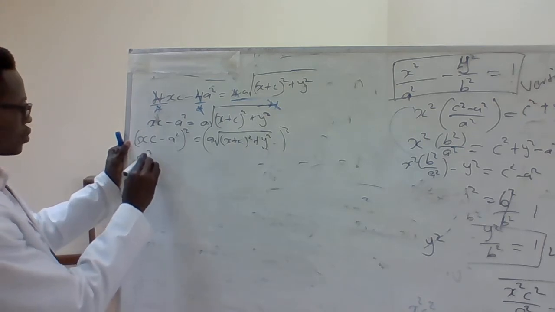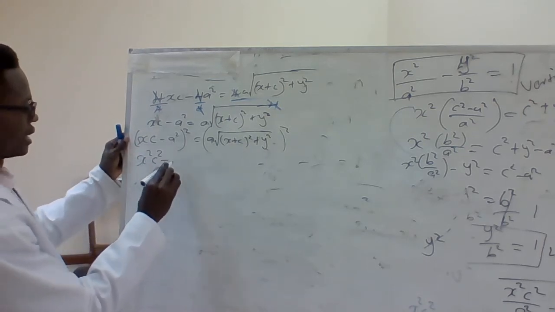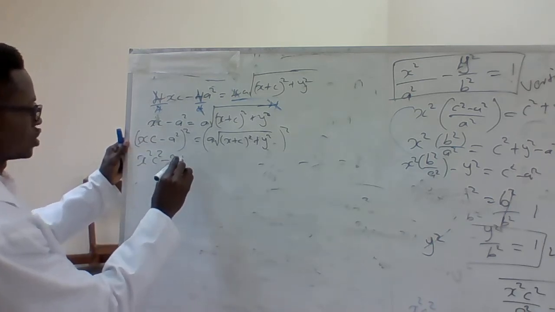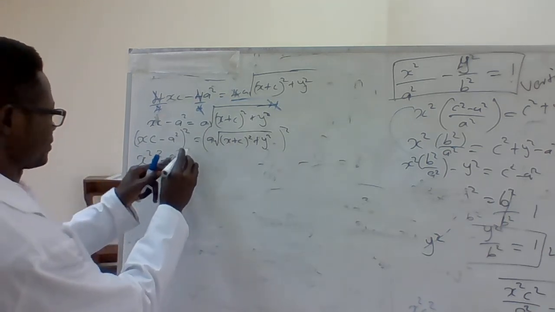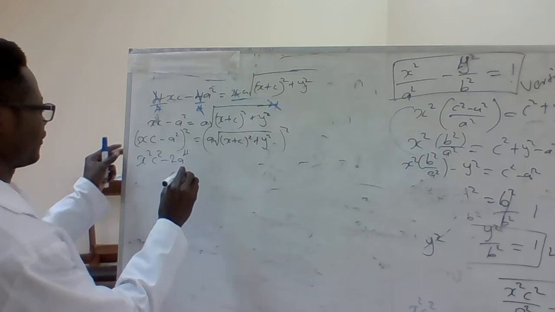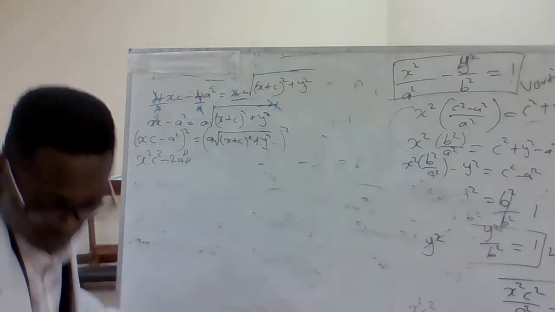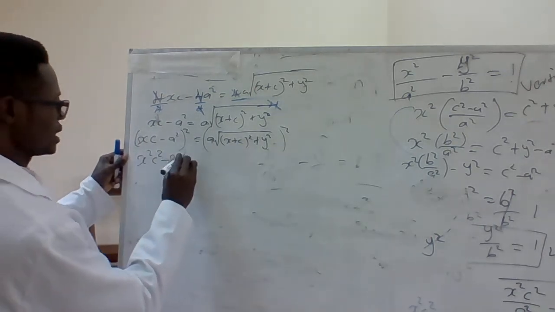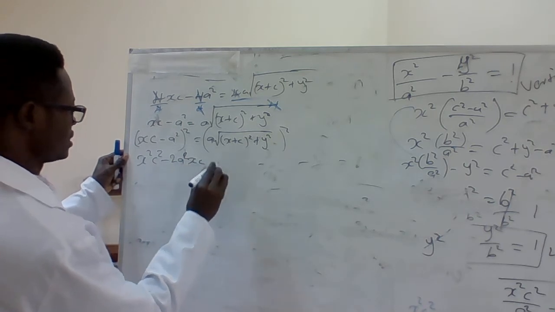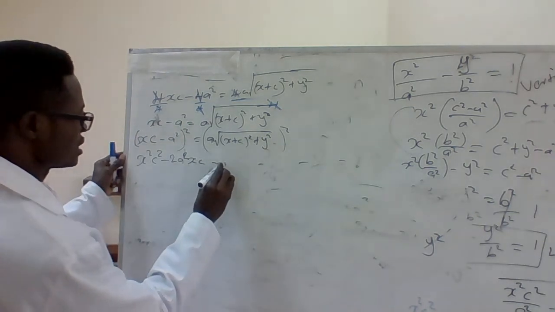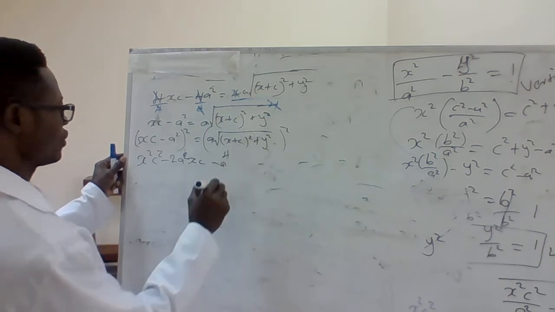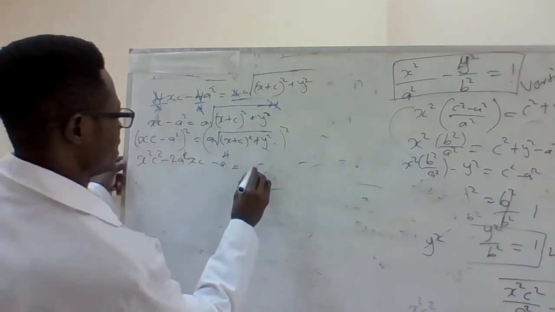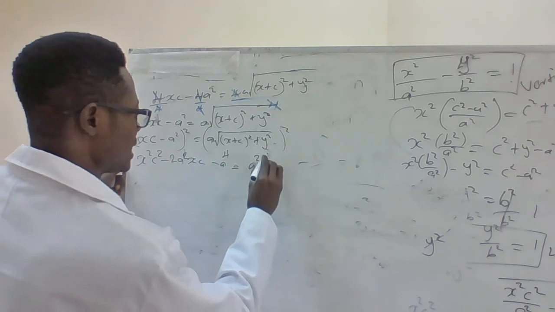We open, we have x squared c squared, binomial, minus 2a squared xc, then plus a to the power 4, and this will be equal to a squared. The root sign is still there.